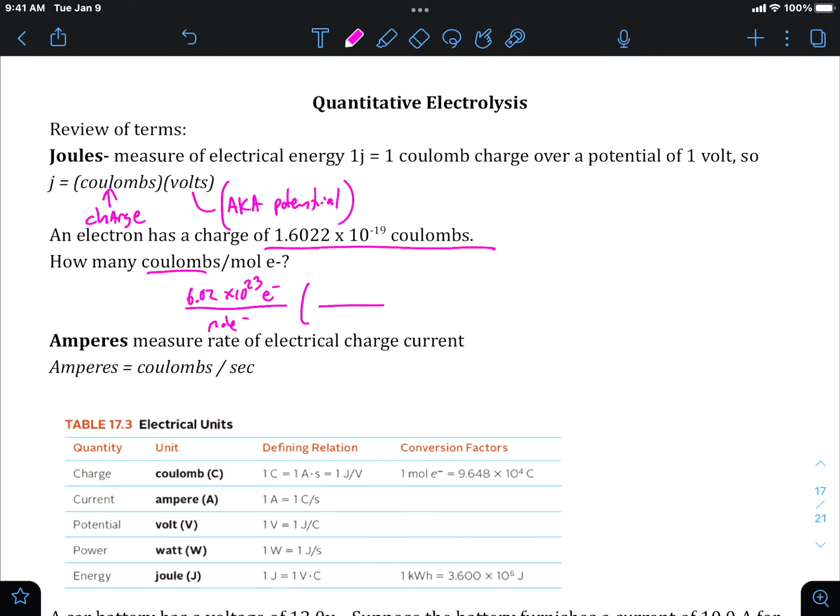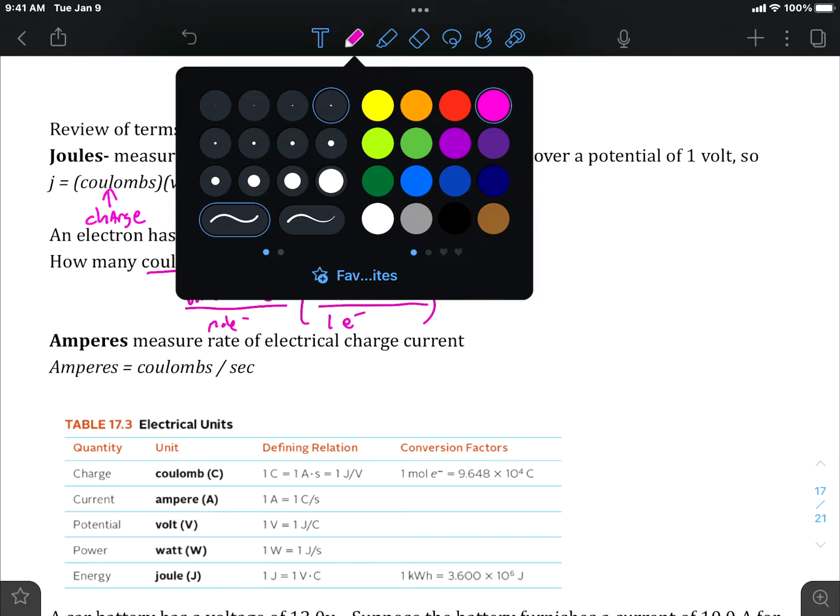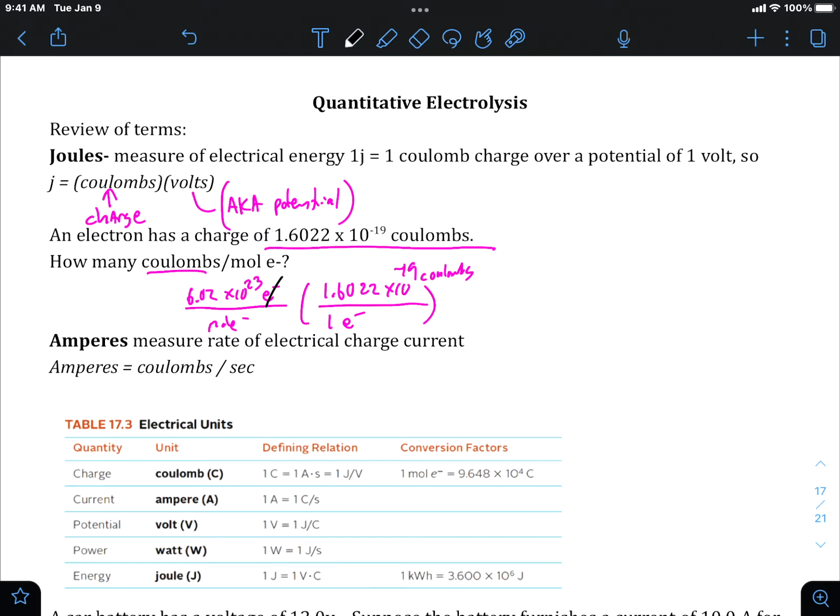So in 1 electron, there's 1.6022 times 10 to the negative 19th coulombs. So this is going to give us how many coulombs there are per mole of electrons.